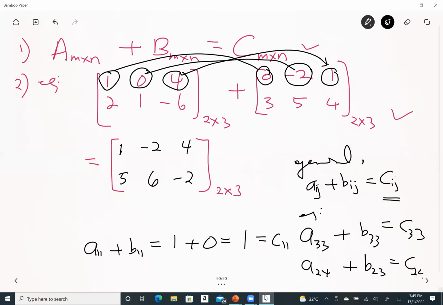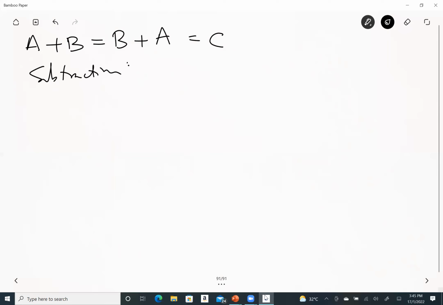Okay, correct. So you have A plus B. That will be equal to B plus A. So A plus B will be equal to B plus A, because they are the same size, addition, it doesn't matter, right? So that is addition. Now subtraction is the second operation.